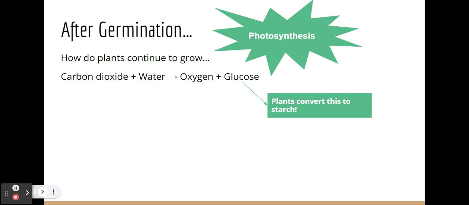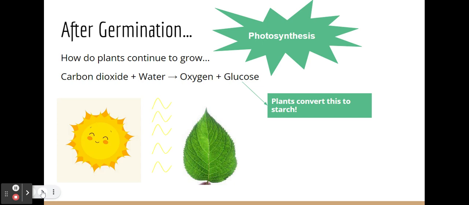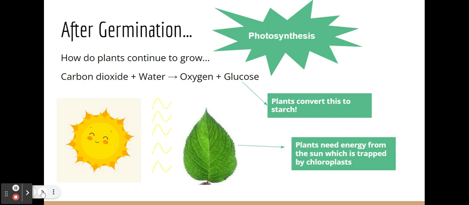The plants can store that and use it for growth. We also need energy from the sun for this process to occur. The energy is transferred in the light by the sun and trapped in what we call chloroplasts. The chloroplasts are what make leaves green. When the sun hits the leaves, the chloroplasts trap that energy to allow photosynthesis to occur.